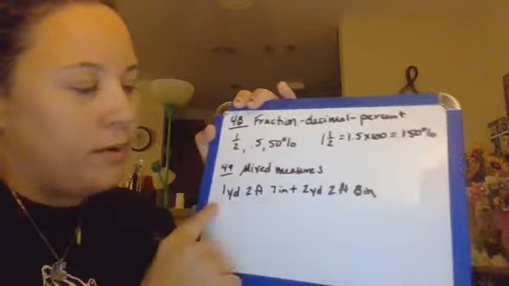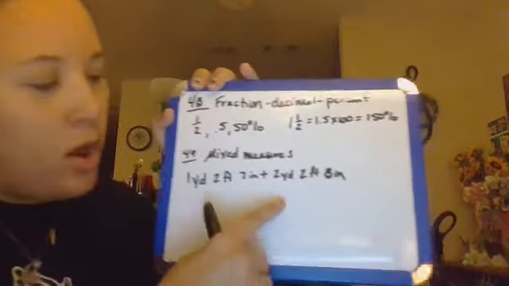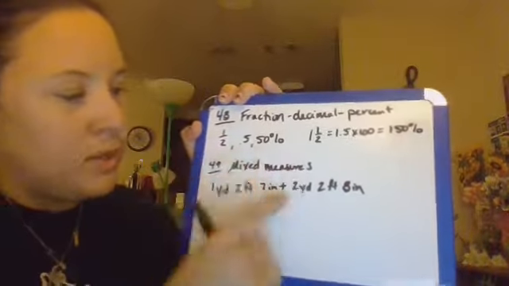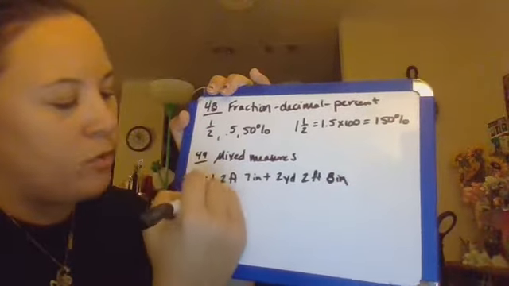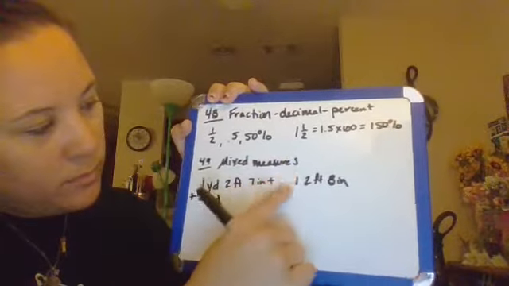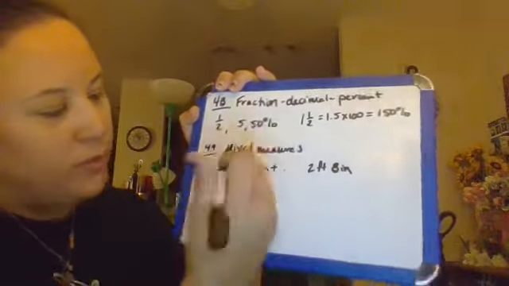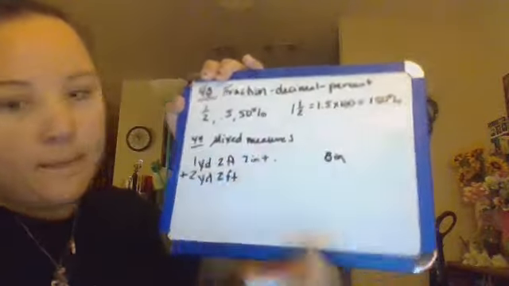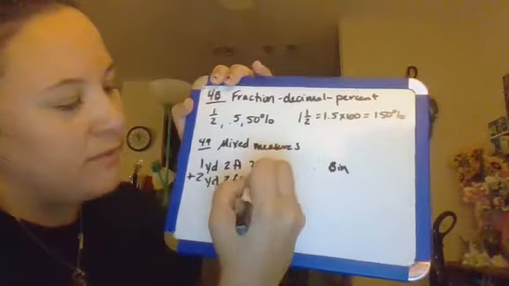So we're going to put it up underneath it according to its measurements, or its units. So the 2 yards is going to come under the 1 yard, because they're like units. And then we have 2 feet, so we add that to our 2 feet over here. And then we have 8 inches left.